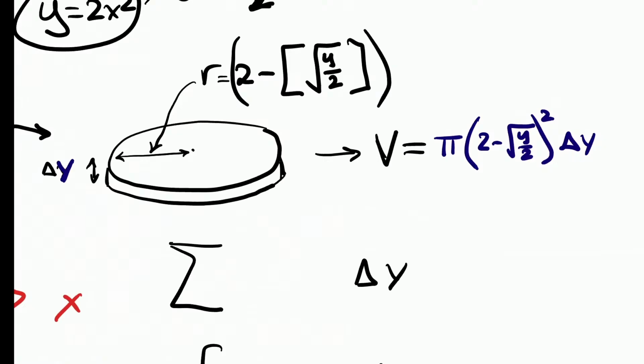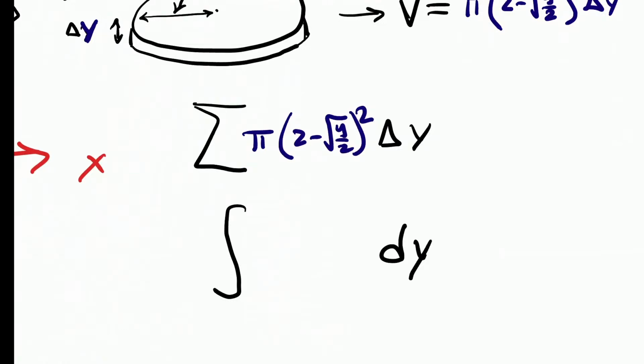Very nice. And so now I'm just going to rewrite this like this: 2 minus radical y over 2, squared, times delta y. That's my volume. When I add up all of these disks, I'll have this for my volume. And then I do a limit as delta y goes to 0, and I get this.